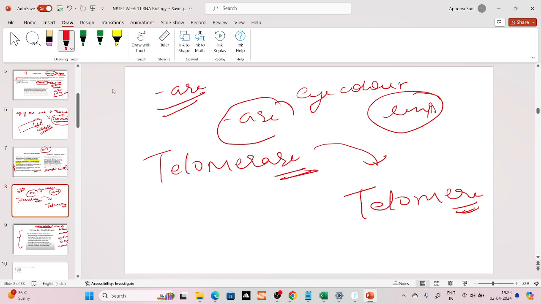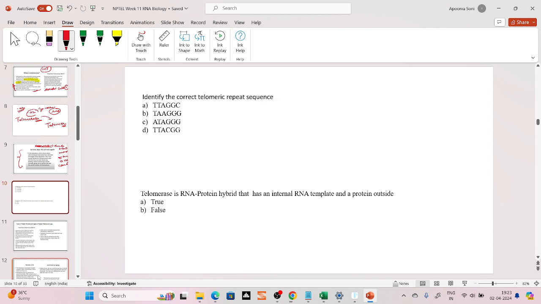Now we'll just see two questions about this lecture one, and then we'll move further. Identify the correct telomere repeat sequence, and here I am talking about humans. These are your four options. I'm giving you 1 minute to think, and then you give me the answer.